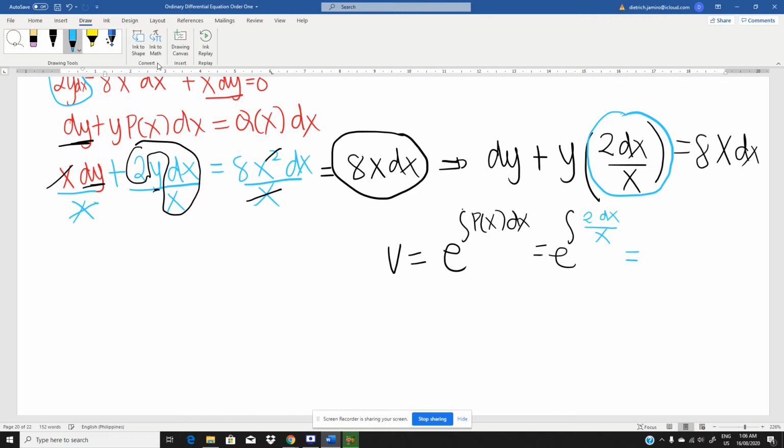Integrating that, we will have e raised to 2 ln x. Using the rules of exponents, we will have e raised to ln x squared. So e and ln will cancel out, and we will have our integrating factor as x squared.